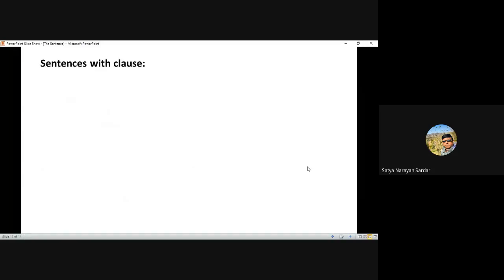Sentence with clause. Sometimes it can be confusing what to do. For example, what about this? They say that the globe is warming all the time. What can be your possible answer? Could you please tell me?